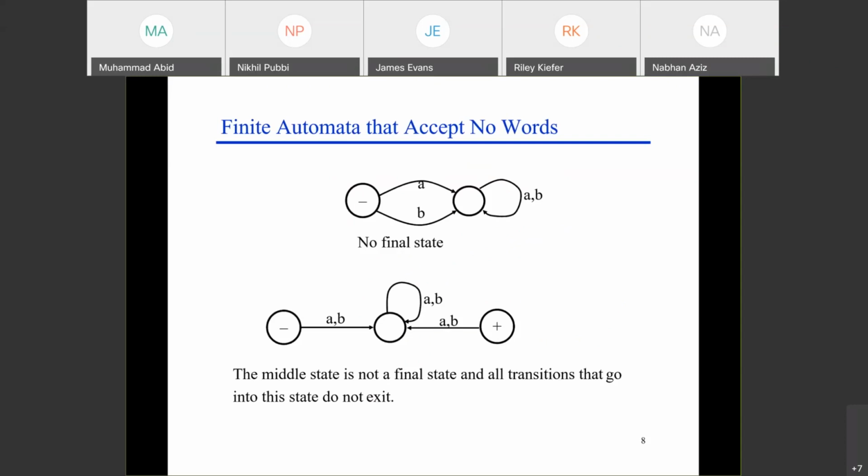FA does not have any restriction on the number of states. It has only one restriction, that the states should be finite. It should not be unlimited. But the number of states will never decide whether an FA is valid or invalid. Okay.